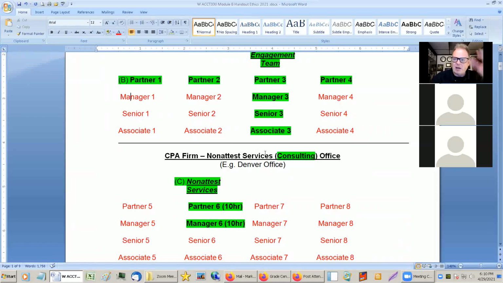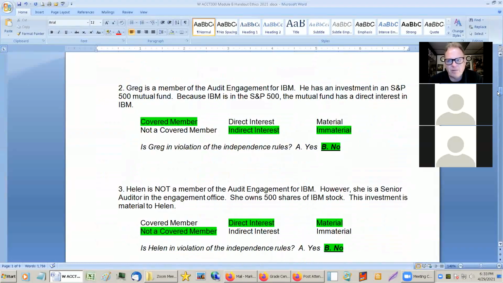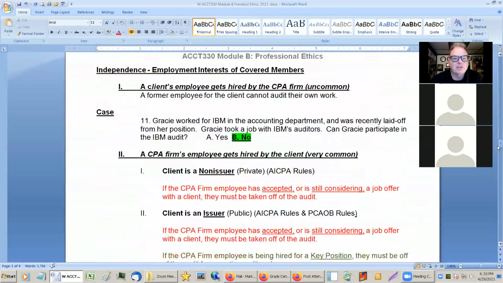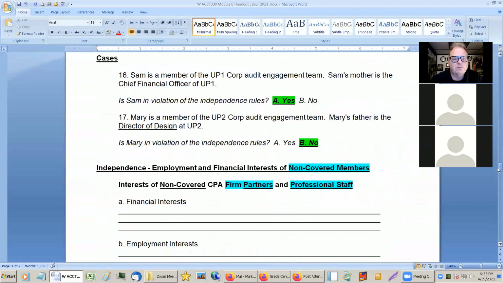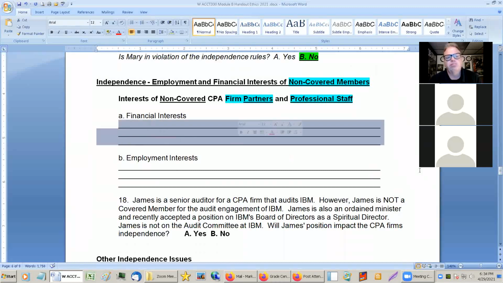If they're covered members, they've got all these rules. You can't do this, can't do that, blah blah blah. But for non-covered members, there are still a few rules. They're much more relaxed than the other ones, but they're there nonetheless. So let's go to them. Okay, financial interest.